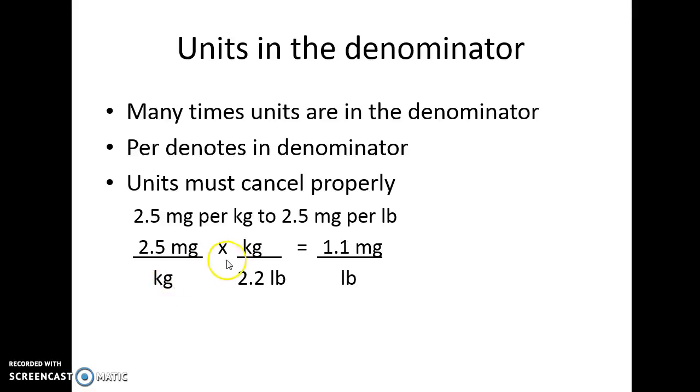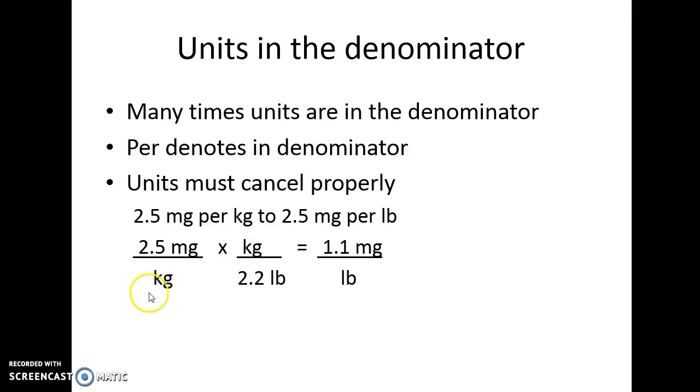Well, kilogram can be changed to pound. But when we use a conversion factor, remember that kilogram is 2.21 pound. And see, I just truncated it to 2.2 here. It doesn't matter. But because this kilogram is in the denominator, I need to have this kilogram in the conversion factor in the numerator so they cancel out.